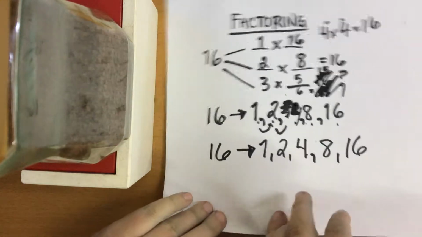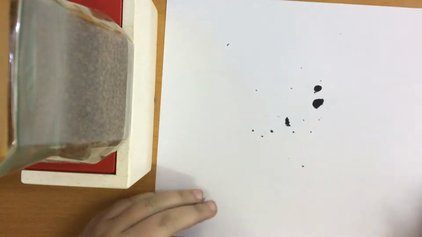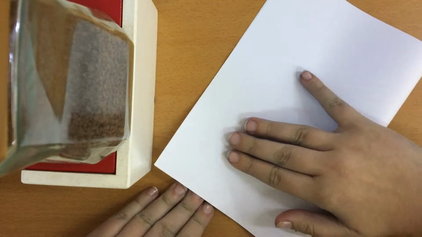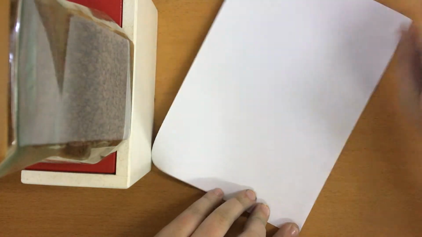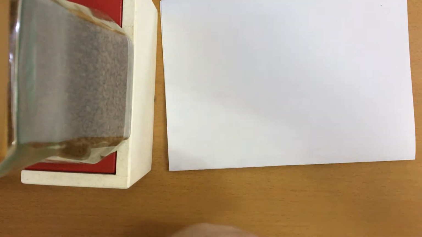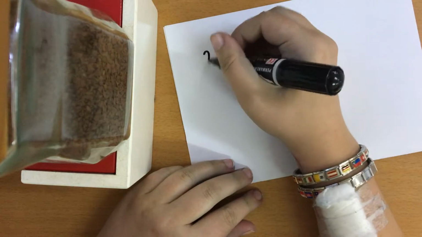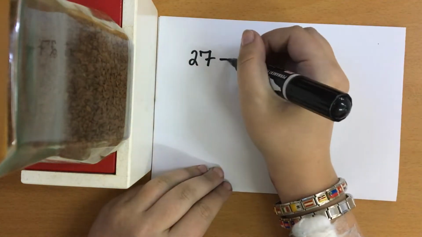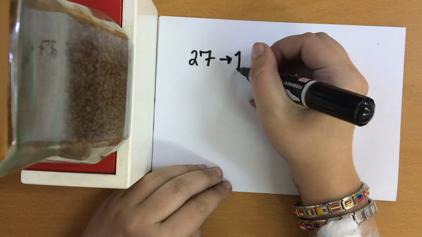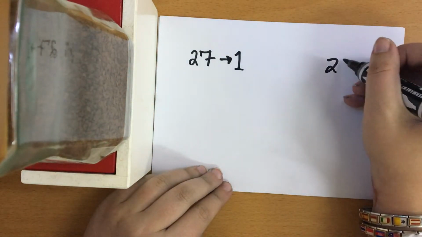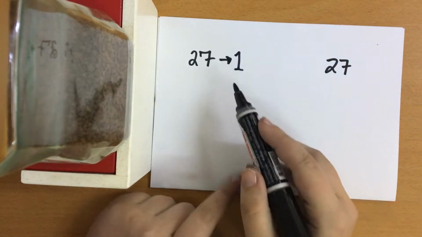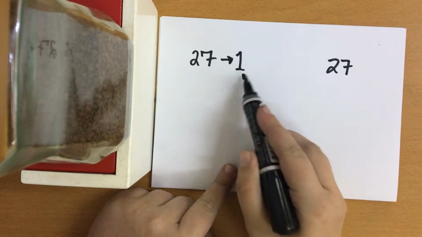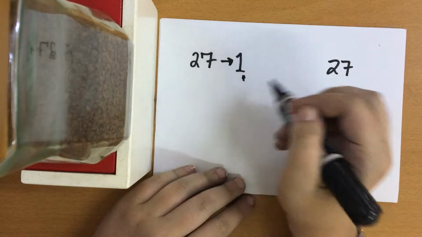Let's try it with a different number. Try to get a clean paper to work on. Let's go with 27. So, 27, again, we are going to start with 1 and 27. Why? Because we know that 1 is always going to be a factor of every number.